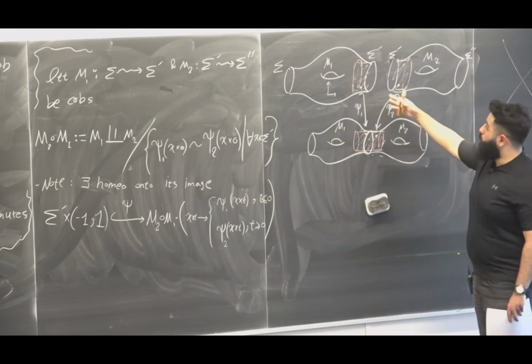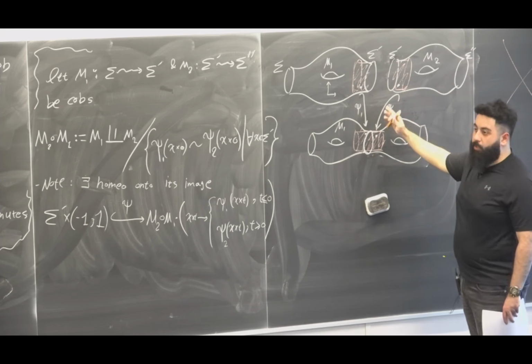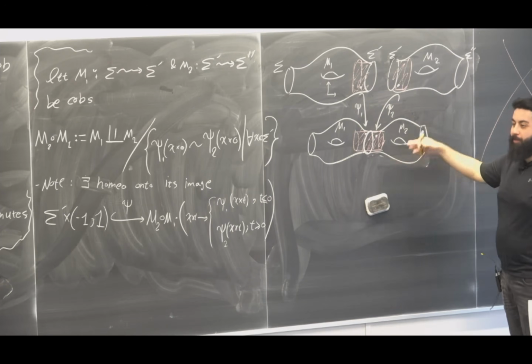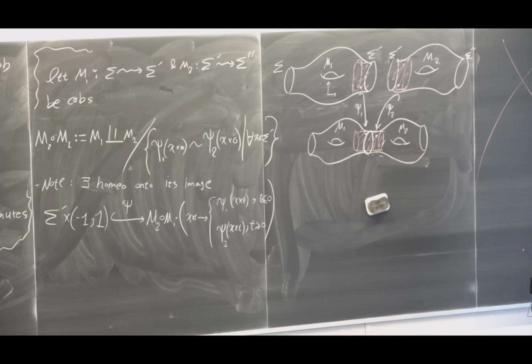So now we have an orientation on the collar, which induces an orientation on M2. So the whole thing becomes oriented. So if I have an orientation on either one of these three things, either M1, M2, or the collar of sigma prime, it canonically induces an orientation on the entire thing.